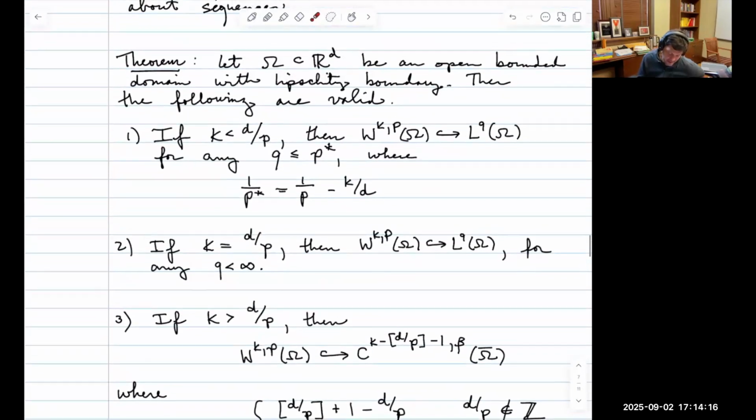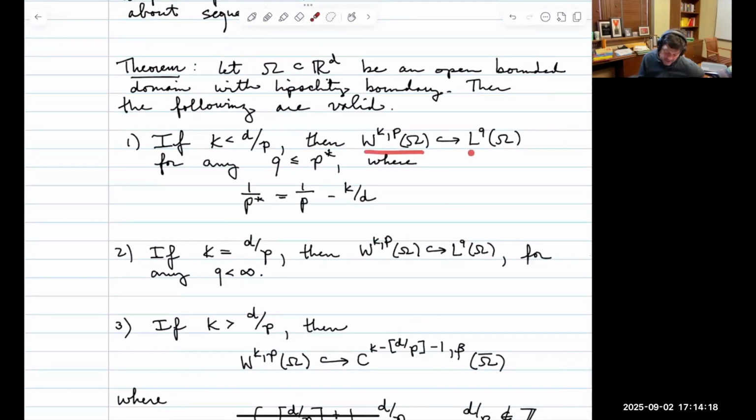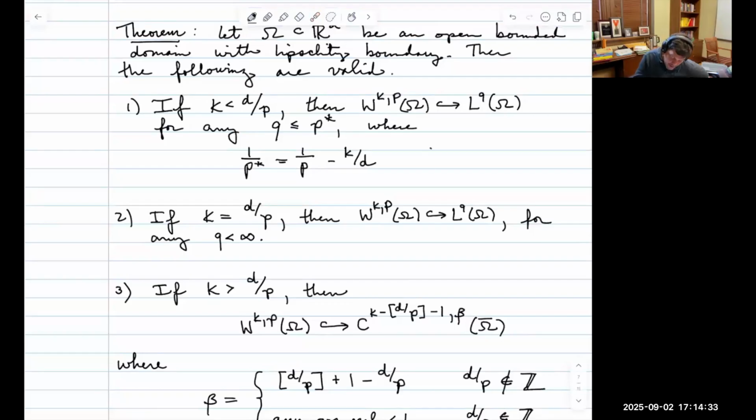Okay, so the main point here is that they're actually L^q functions for any q less than p star, where p star is what we call the conjugate Sobolev exponent.